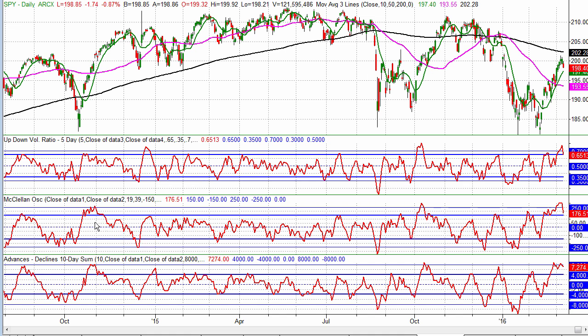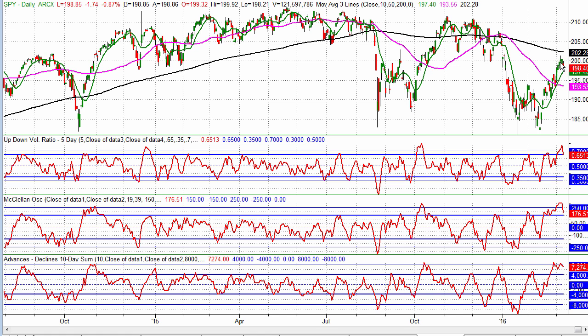Then we have to go all the way back to October of 2014, where we see the same type of thing. The market got overbought here, but what you'll notice is that the market closed lower, but never followed through on the downside. So what I'm telling you to watch out for tomorrow is follow through on the downside.